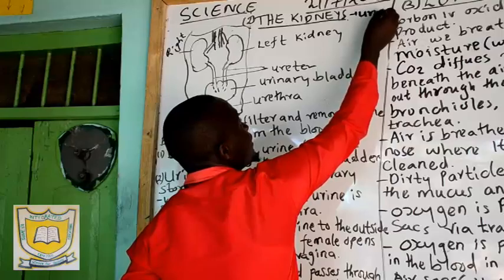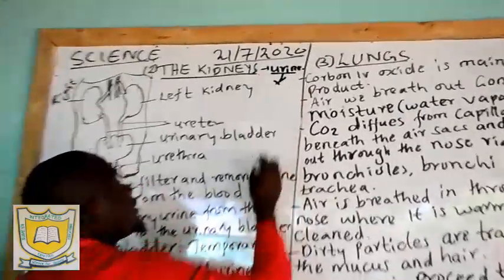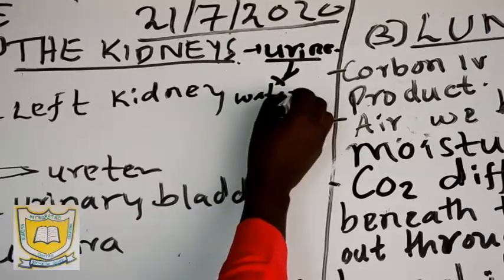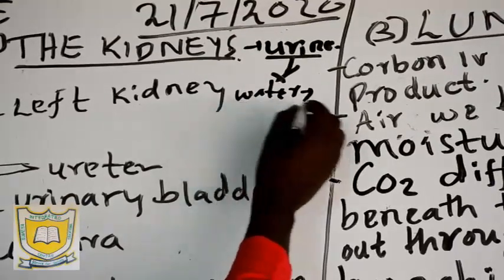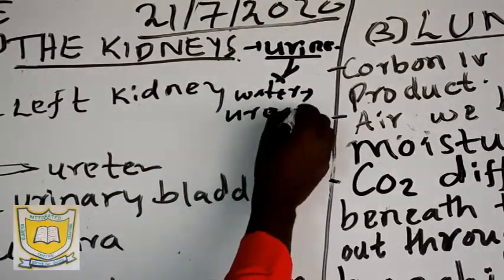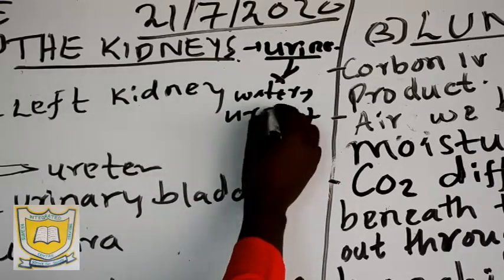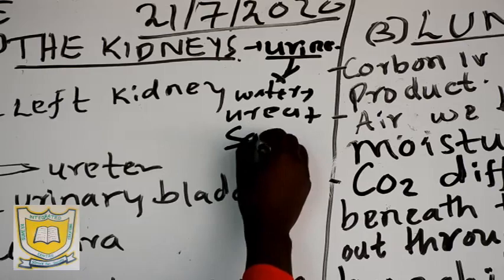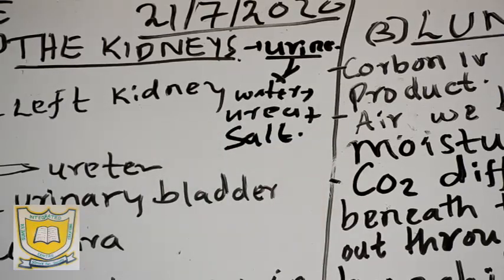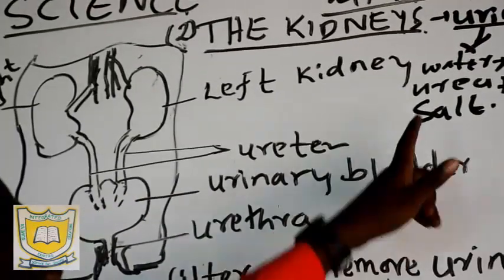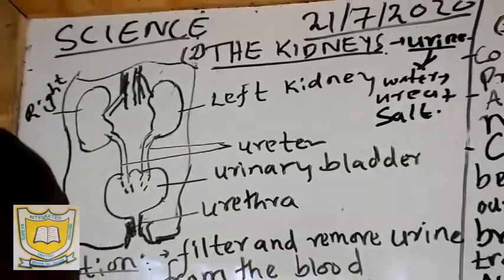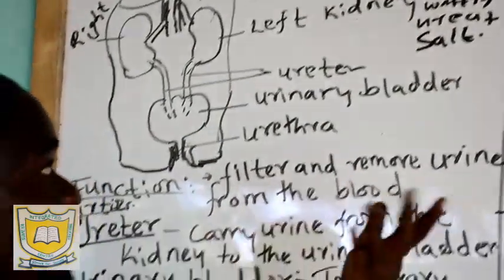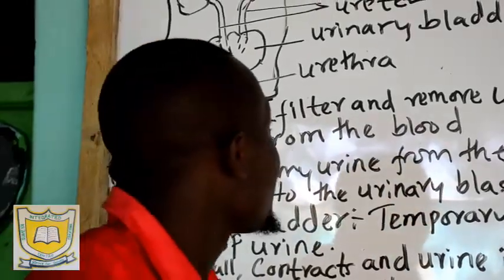We said urine is a combination of water, urea, and salt. Now we want to discuss how these three products are removed to the outside of the body.